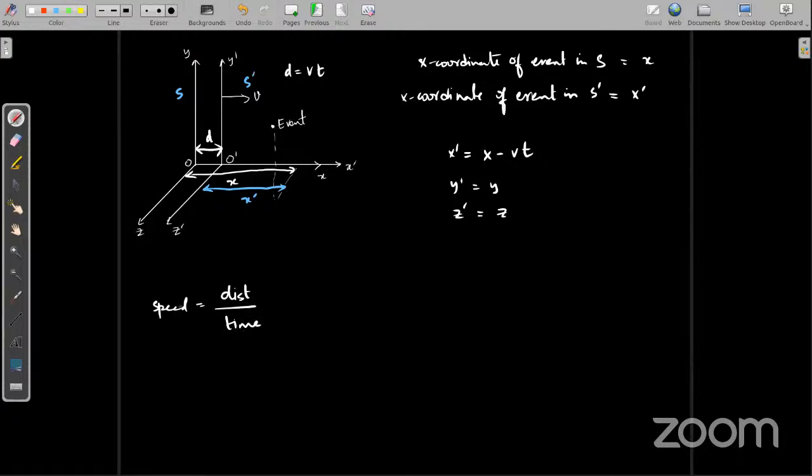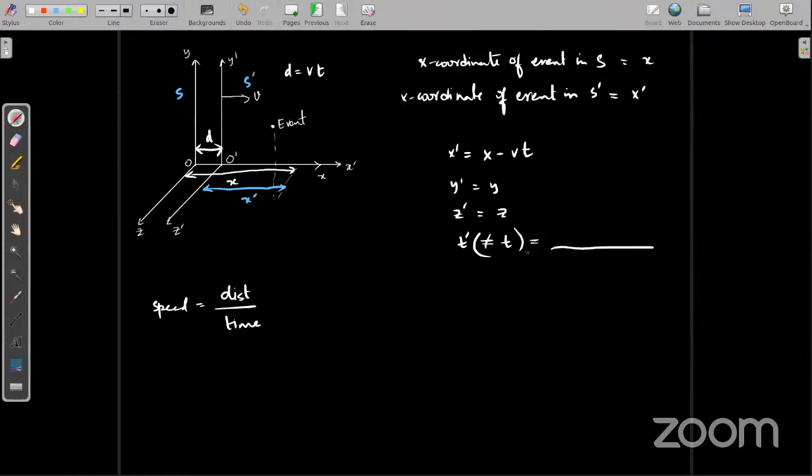Now, if you want speed to be constant and your distance is varying, then time must also vary. It's like a ratio: if one changes, then the other must change to keep speed constant. So in that sense, Lorentz said that t prime is not equal to just t, but is actually equal to something. We'll leave that blank as of now.